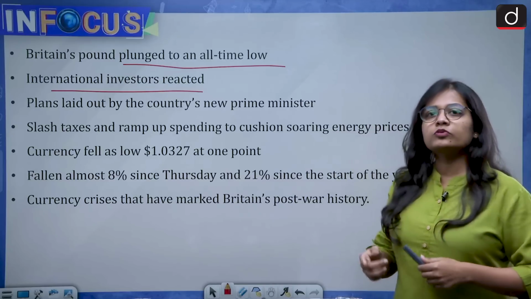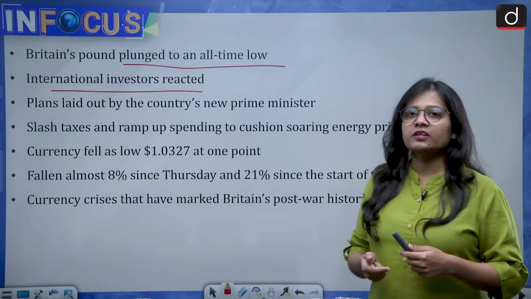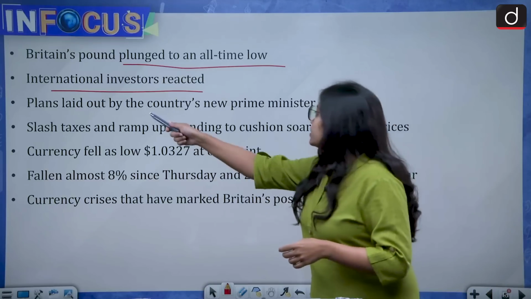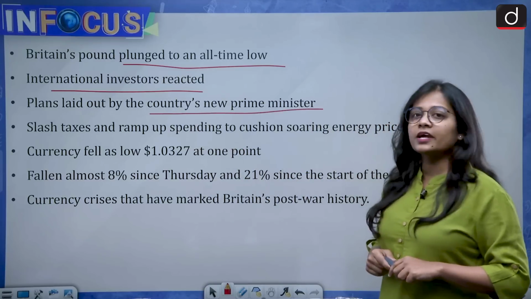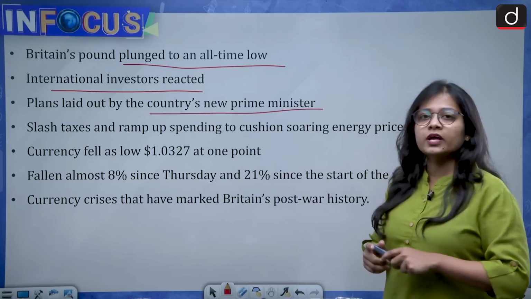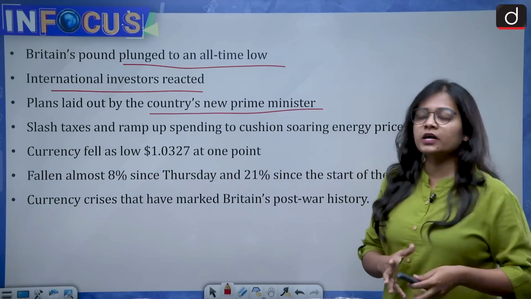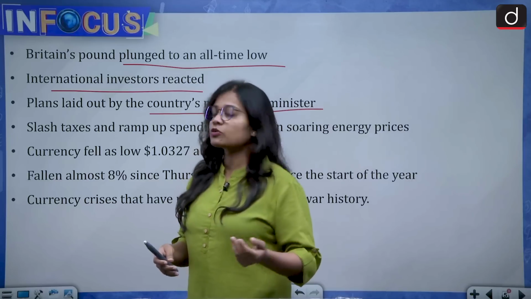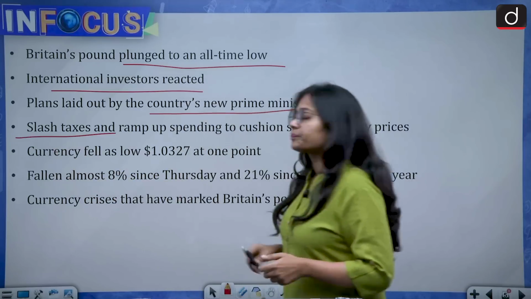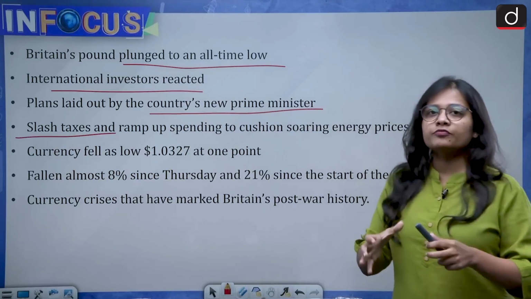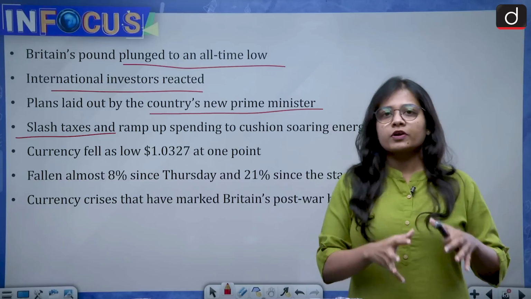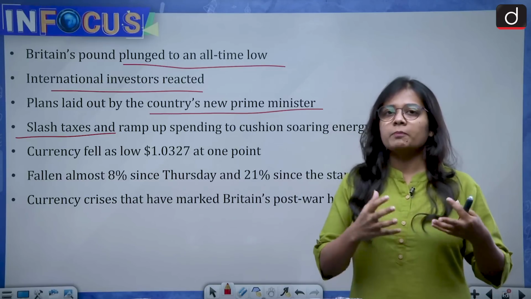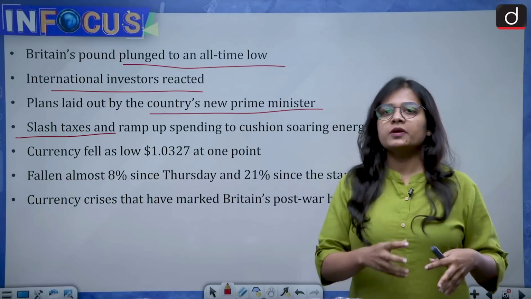Seeing this news of currency crisis and investors pulling out their money, the country's new prime minister has laid out a few plans so that the money does not go out of the country. Two steps that the prime minister has talked about: the first is slashing the taxes, because if the government of a country slashes the tax, then the money in the pocket of the people remains high.